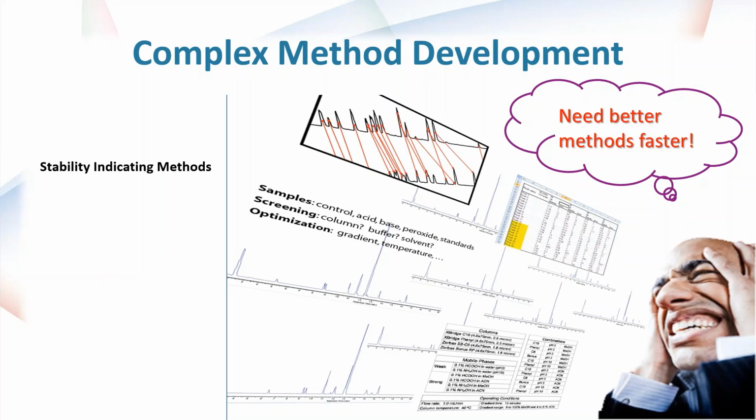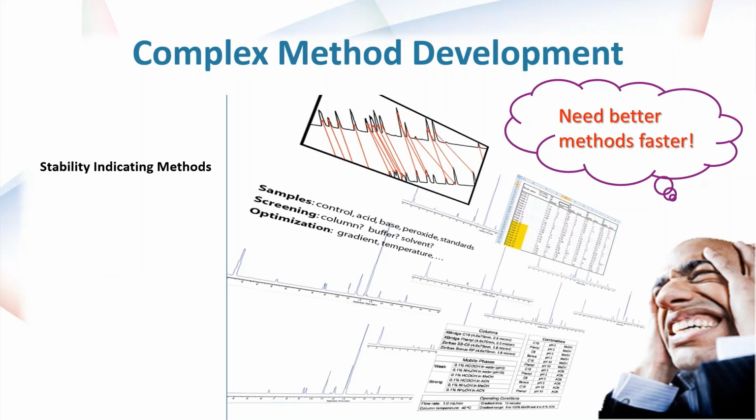This has significant consequences from a cost and resource perspective, as well as influencing the drug's time to market. Although Charlie and his coworkers are using some of the software that was mentioned earlier to assist them with their method development, it's not quite adequate for their needs.